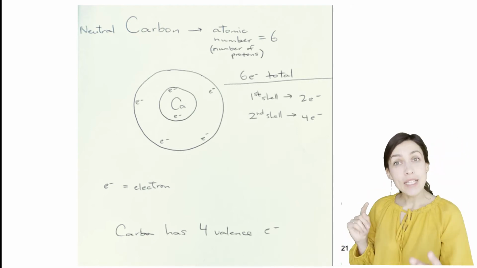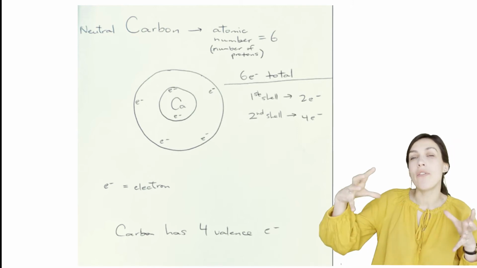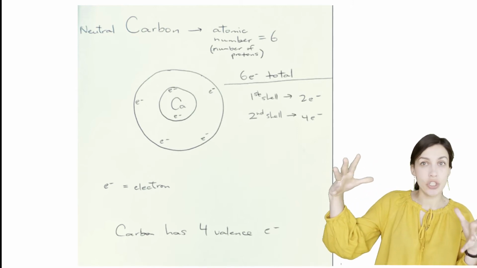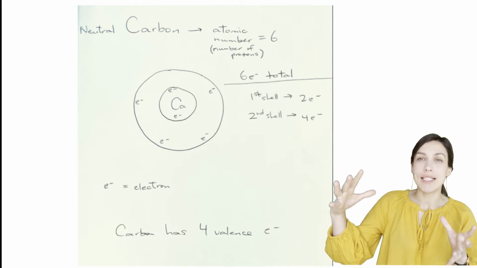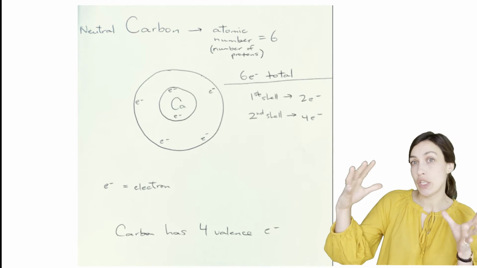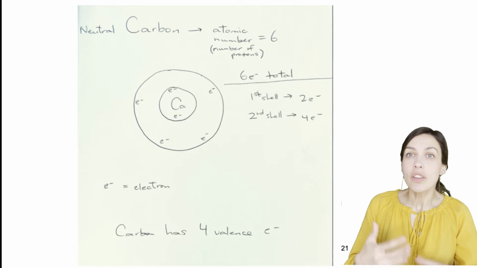The reason we need to understand this is because it is the electrons on the very outside energy shell, whatever that is, that matter. For carbon, as we just talked about, it is the second energy shell that has 4 electrons. So it's the electrons on the outside that do all the chemistry that we're interested in. Therefore, the electrons in the outermost energy shell of an atom have their own name: valence electrons.